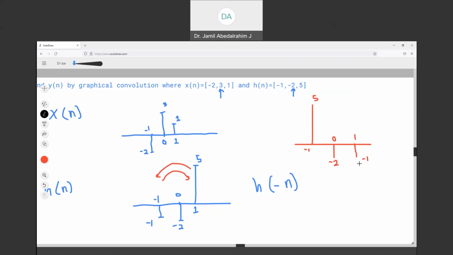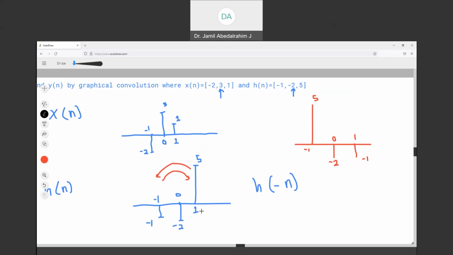The second method that we need to follow now, by the way, both cases are correct, okay? But let's follow the second way as I explained earlier in the beginning of semester, which is we need to reverse it like a mirror. We reverse it like a mirror.